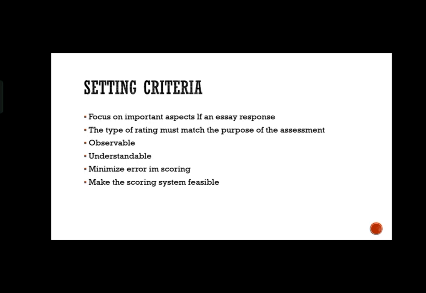Next, minimize error in scoring. So, these errors may be generosity error, so mga personal bias errors, central tendency error, your tendency to avoid making extreme judgments, and severity error, which means rating consistently overly negative on the performance, on the person or the ability of the participants.